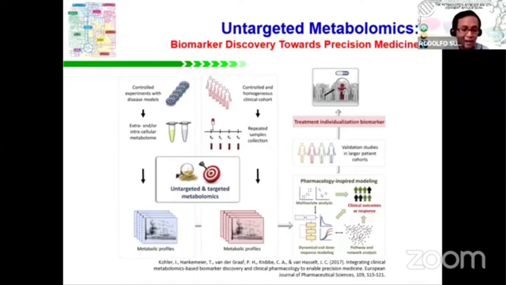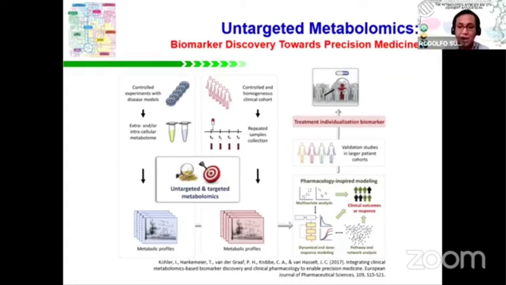Now, however, as I mentioned, there are still a lot of things that should be done in the field of clinical metabolomics so that eventually it reaches the clinical setting.